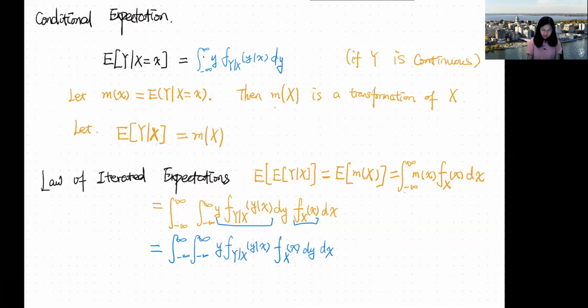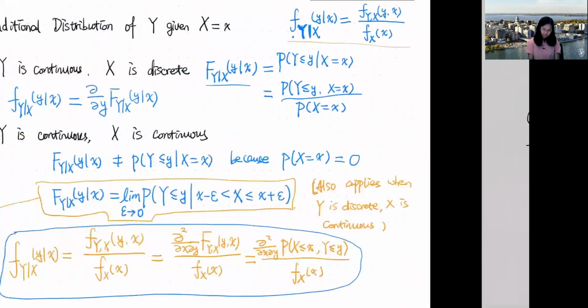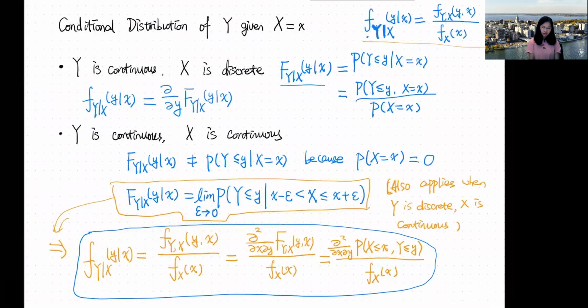Just recall that we have mentioned or derived, we didn't go through the whole derivation process, but we claimed that the conditional probability density function equals the ratio of the joint and the marginal of the conditioning variable. Therefore, the product of the conditional and the marginal equals the joint.